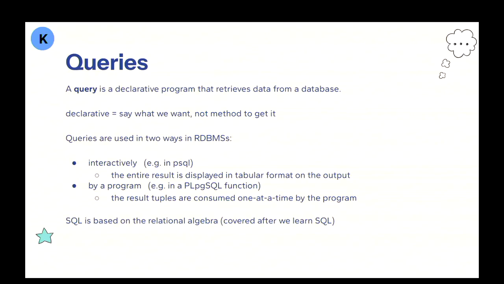Since we only need to care about what kind of data we want, we only describe the data we would like to have. We don't care about how to actually collect the data. It is handled by the DBMS, following relational algebra, which will be covered later after we have learned all the basics about SQL.